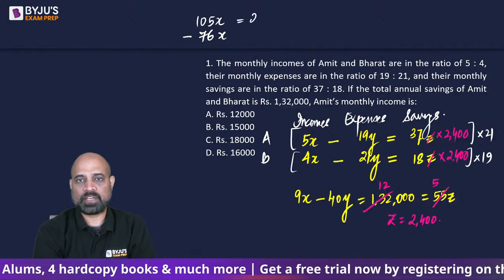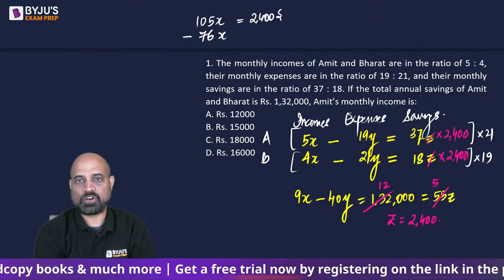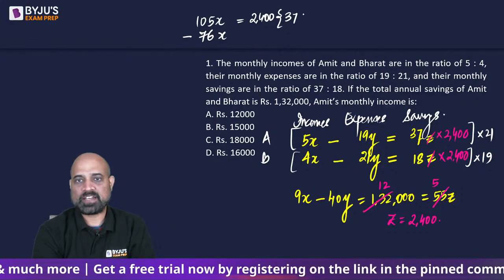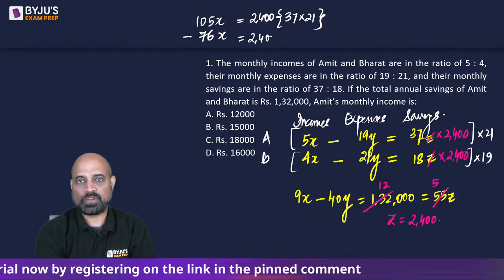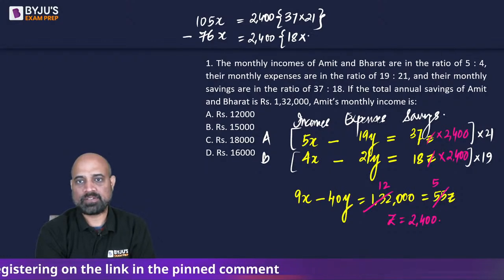Let's take out 2,400 common. We will have 37 into 21, minus 18 into 19.